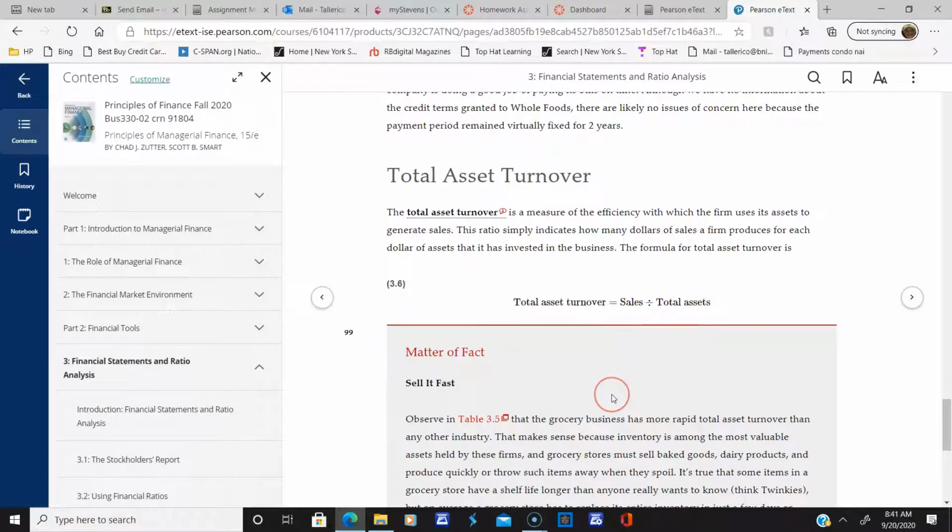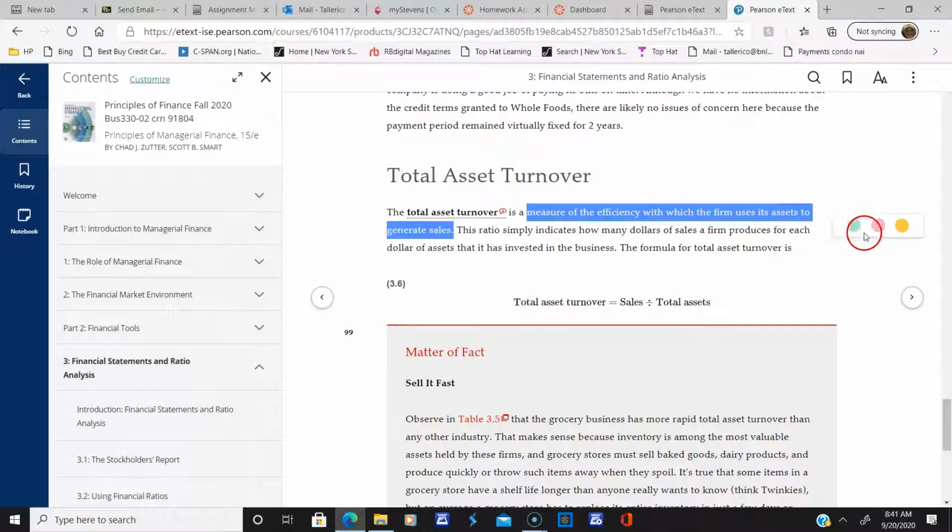All right. Total asset turnover now is a measure of the efficiency with which the firm uses its assets to generate sales. Okay, so just to give you a simple example of that, some people have flea markets, right? They run flea markets, and they buy some product, and maybe at home you make some kind of widget, and you've got some tools at home, right, to make the widgets with, and those are your assets, right?